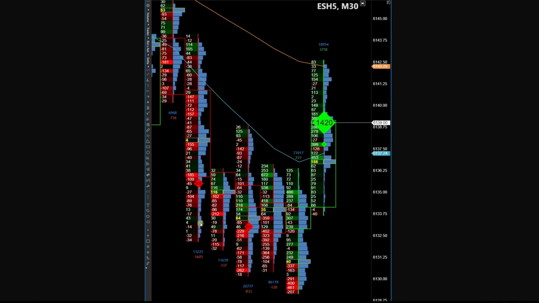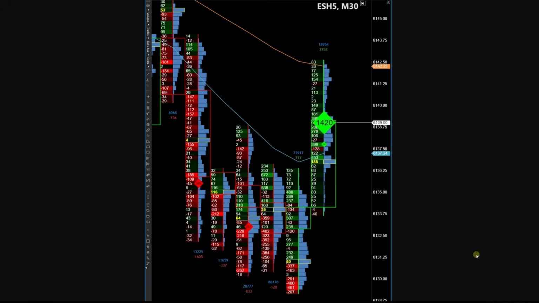You can see the volume nodes on the low here starting to get weak. And then we start to see a lot of delta stuck on the lows here. You see all this bearish delta right on the low of the candle on these 3 or 4 back-to-back candles. That is a cluster that is not getting what they want.